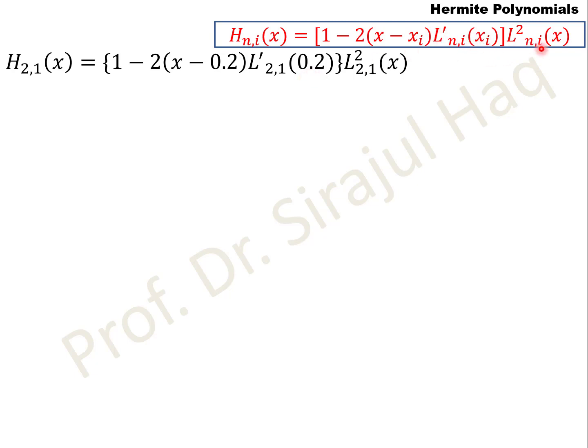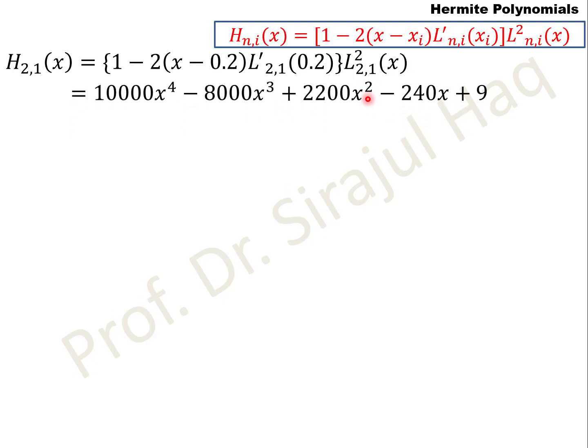This is L2,1 squared at x. So we have computed this value in the previous slide. Remember, this whole term has been multiplied with L2,1 of x squared. So if you substitute the values, you are getting a polynomial of degree 4. So h2,1 of x is the polynomial of degree 4, which is given by this relation.